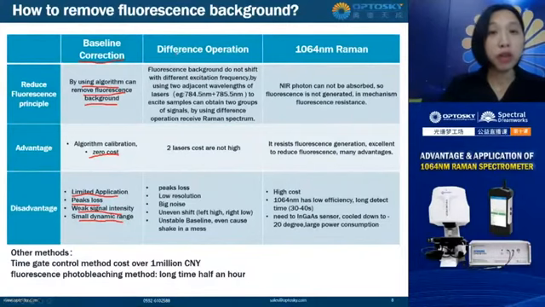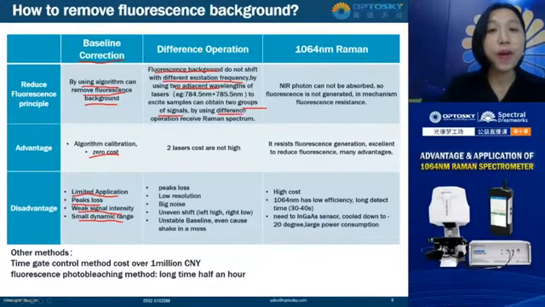However, the difference operation, also called shifted excitation, is also very good, because in principle, fluorescence background does not shift with different excitation frequency. By using two adjacent wavelengths, 784.5 nanometers and 785.5 nanometers, to excite samples, we can obtain two groups of signals.